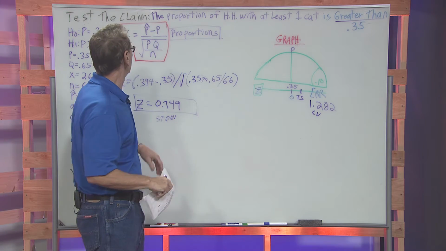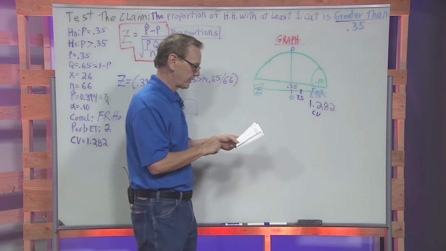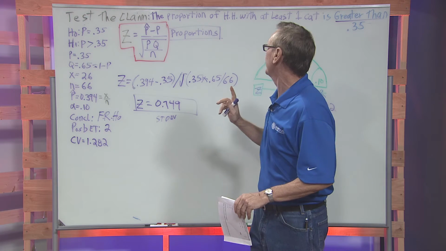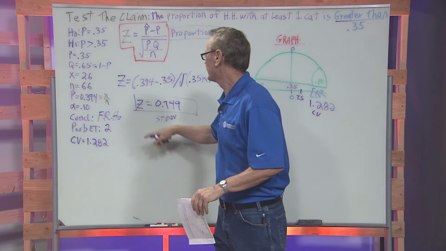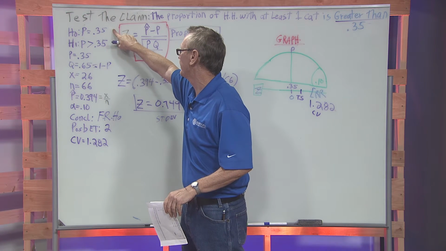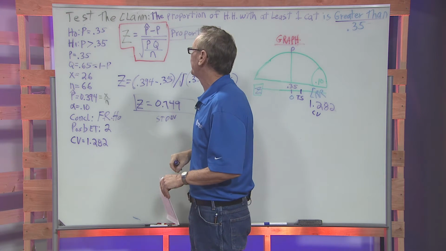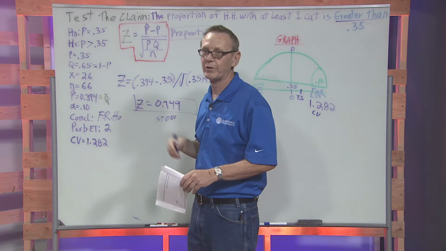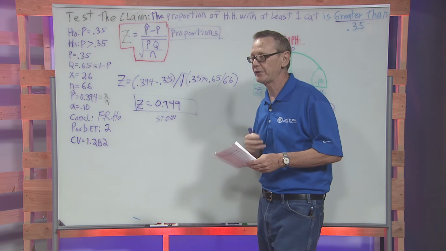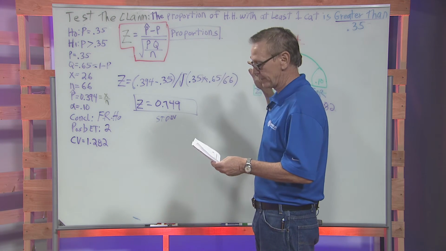Okay, so the conclusion this time: we did not reject the null, so the data is indicating it is 0.35. It's supporting that assumption. It's not supporting the claim.